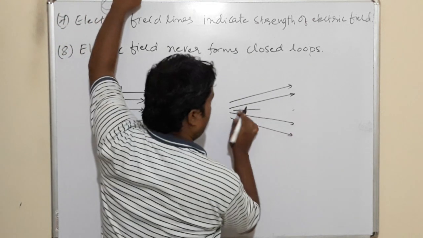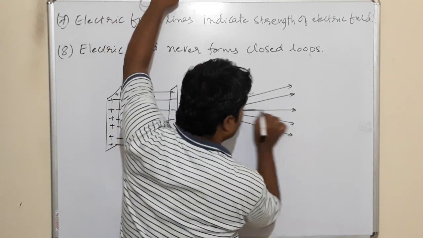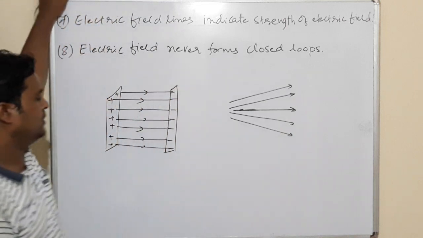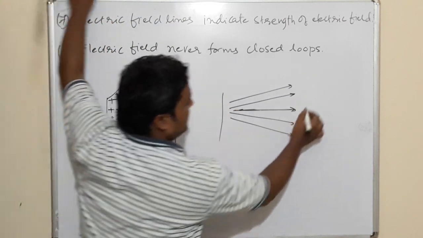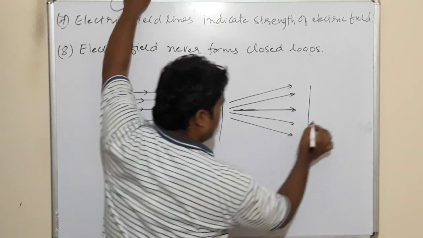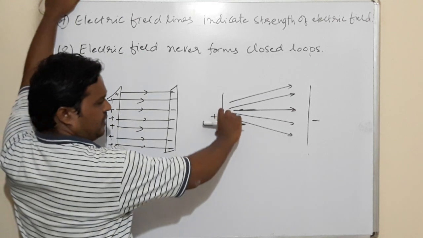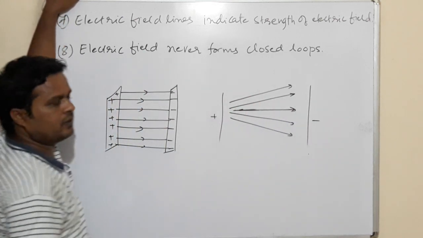If an electric field line is going along this direction, the field direction will be like this. Positive charge, negative charge will be there. It depends on the density of positive and negative charges. Lines are formed like this.